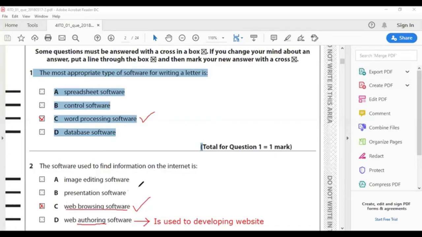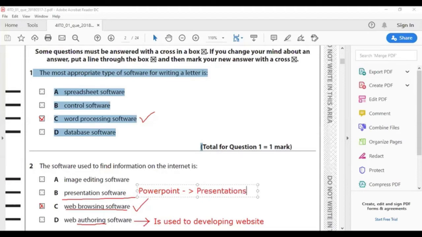What's presentation software used for? Any ideas? Sorry, sir. What is this software used for? Presentation. This is your PowerPoint, used for creating presentations.